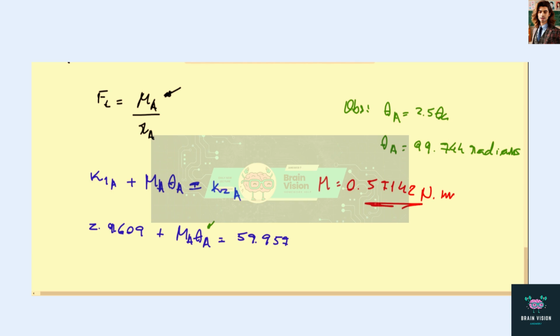Okay? And finally, our tangential force is going to be equal to 0.57142 divided by 0.08, which gives us a total of 7.14 newtons, and that's the value of the tangential force on the gear A. Okay, that's the final answer.